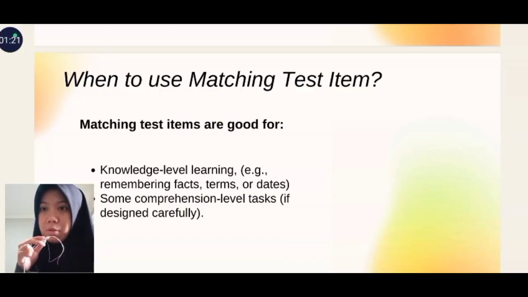If a teacher wants to measure students' specific knowledge like dates, names, or definitions, they can use matching test items. So matching test items are good for knowledge level learning, for example remembering facts, terms, or dates, and then some comprehension level tasks if designed carefully. But matching test items only focus on lower level cognitive skills, which is remembering and recalling information.